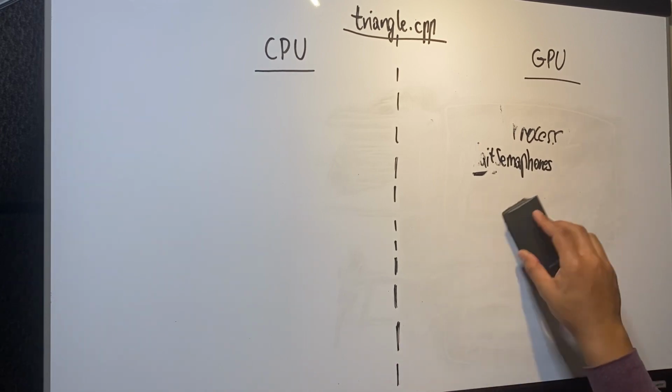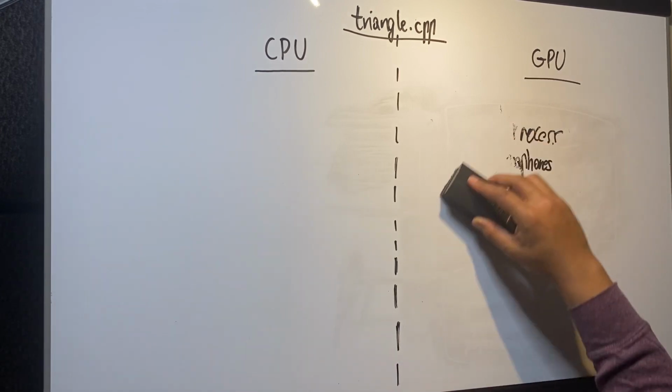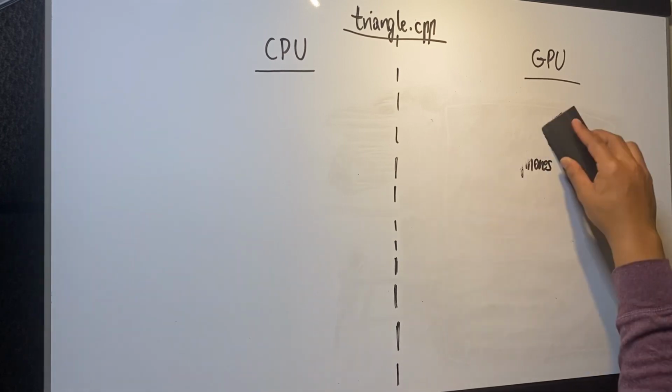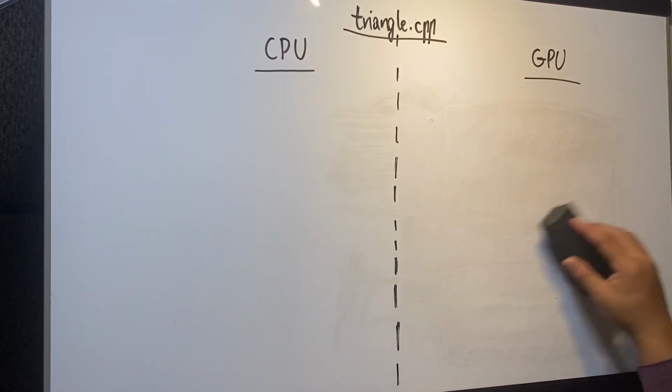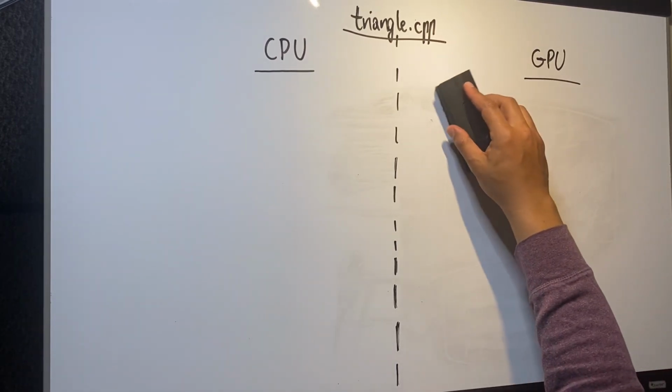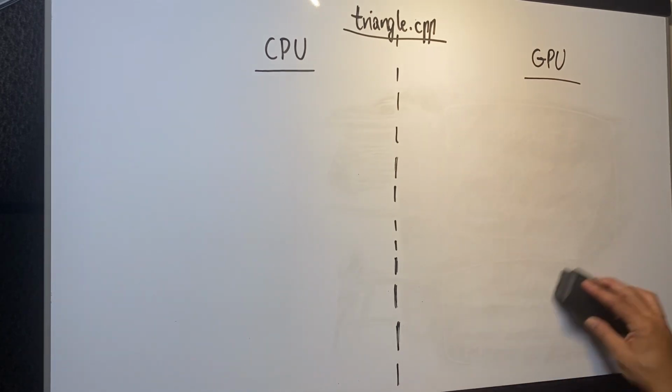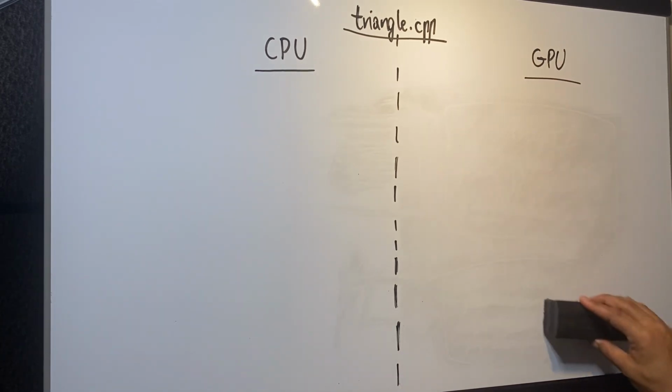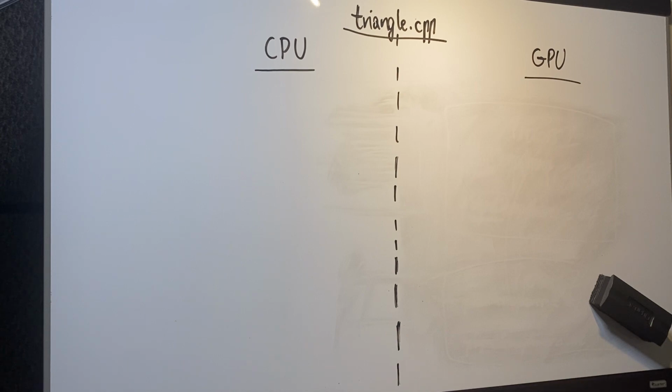And why does he do that? Because he basically wants to communicate to the algorithm that the process is complete and you can proceed with what you need to do. So the initial condition for the fence in the algorithm, triangle.cpp, is the signal state.